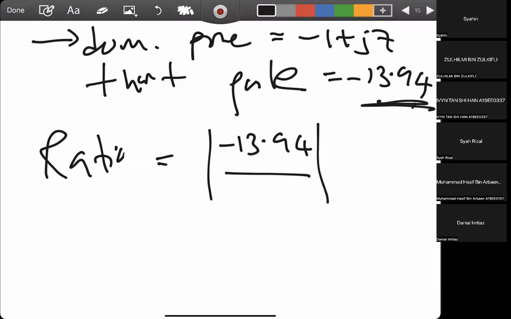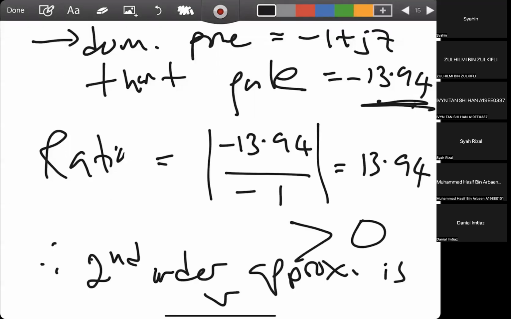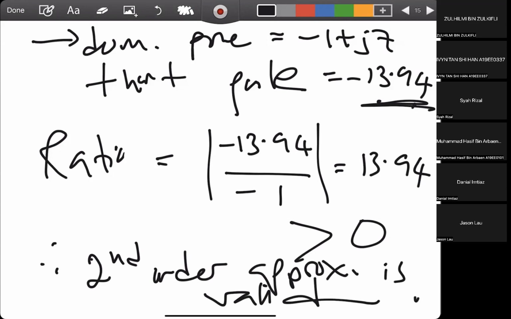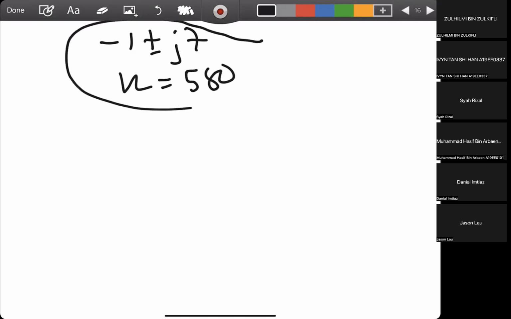Greater than 5, so second order approximation is valid. So the one that we chose just now is minus 1 plus minus j7, K 580. This is the one that we chose, then we give the answers.